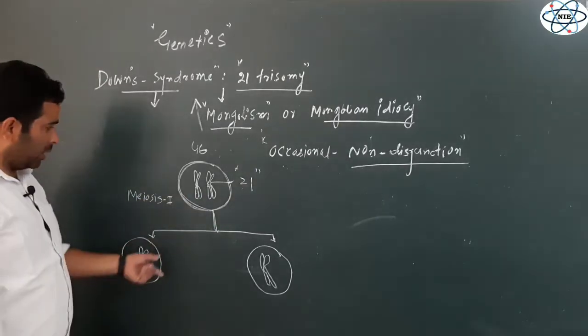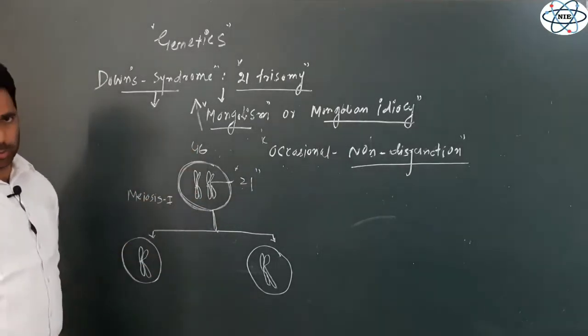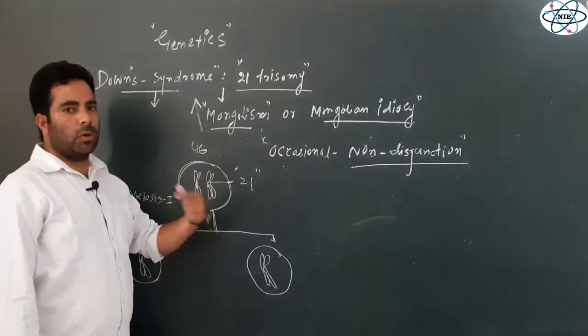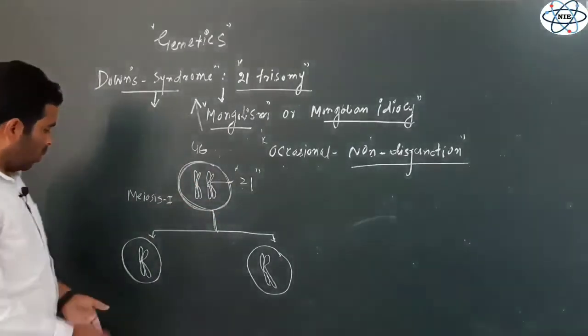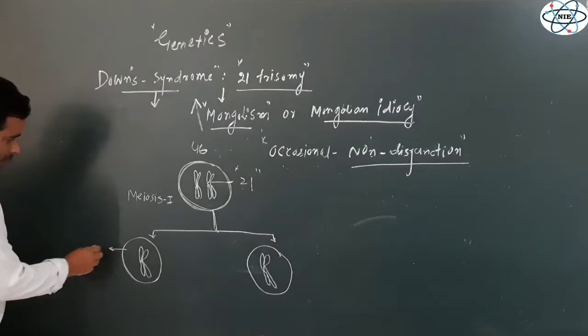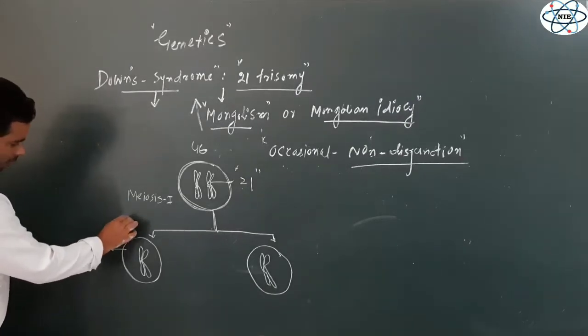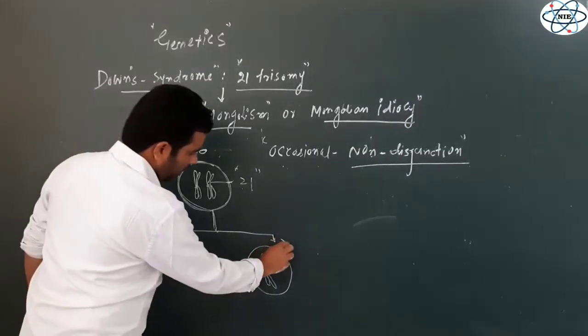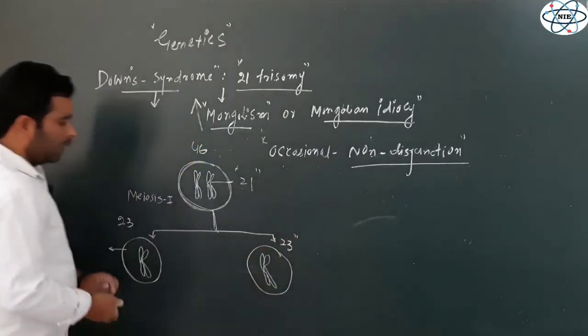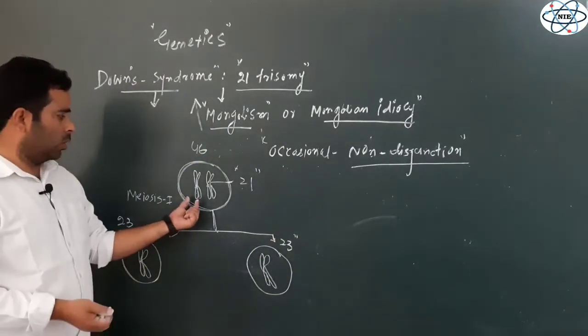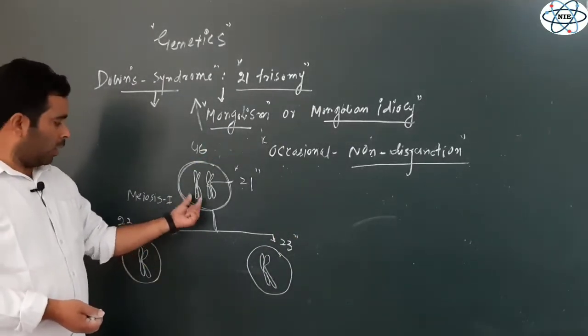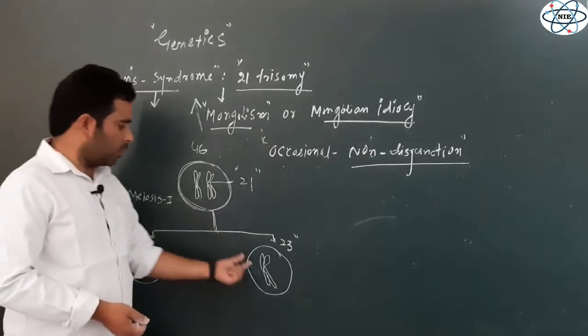Likewise, they have received one copy of each other chromosome, chromosome number 1, 2, 3, 4, and so on. So each cell has 23 chromosomes, with one copy of 21 in each.